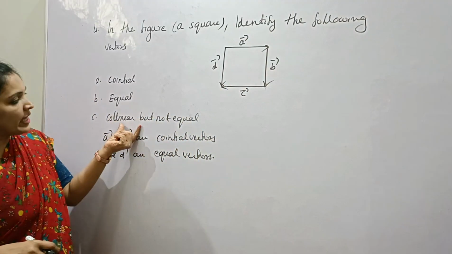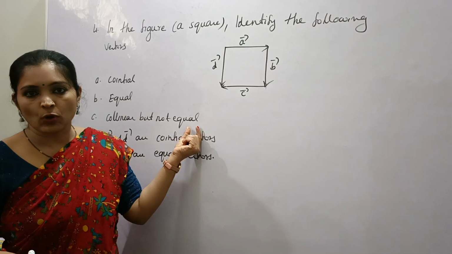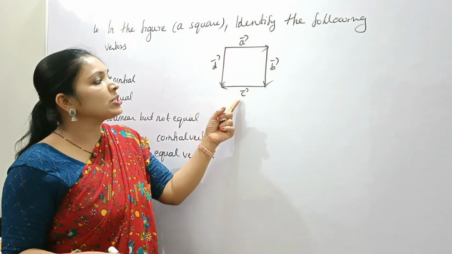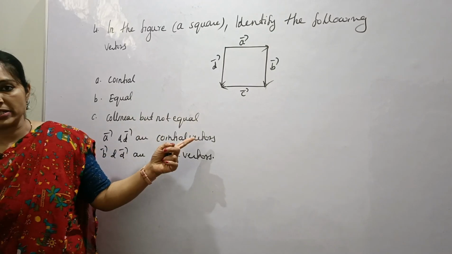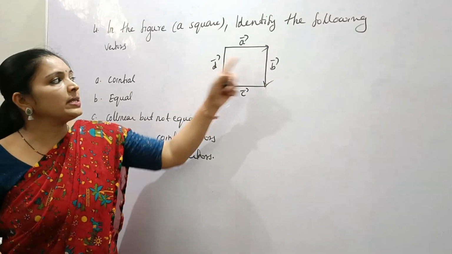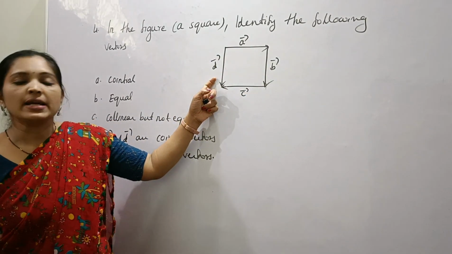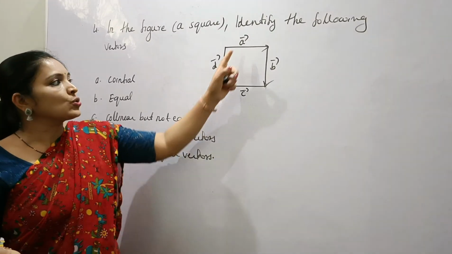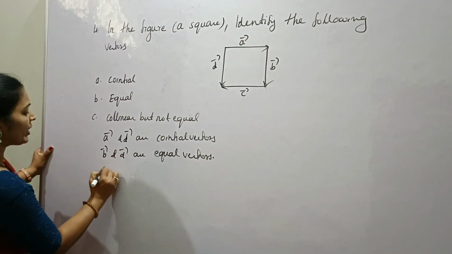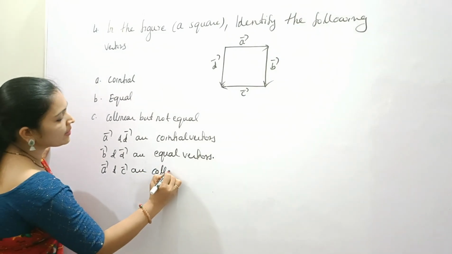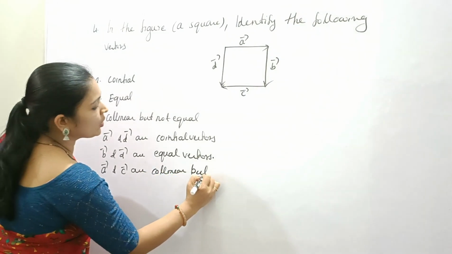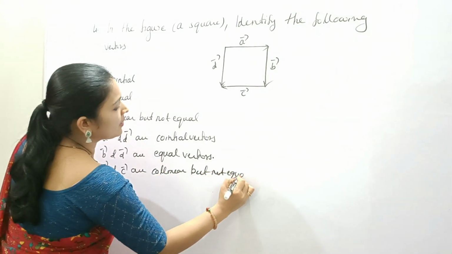The question asks for collinear but not equal vectors, so the answer is vector A and vector C are collinear but not equal.